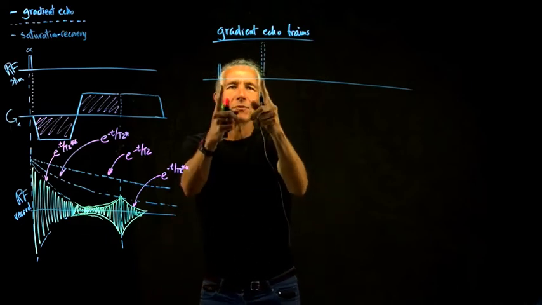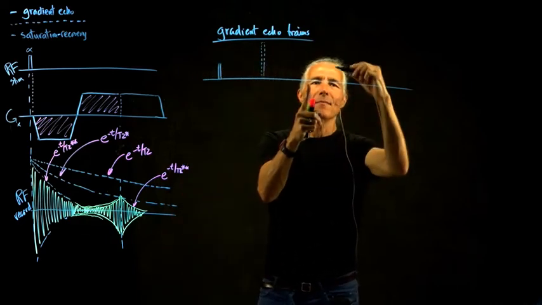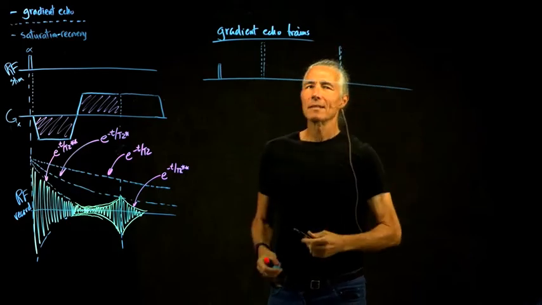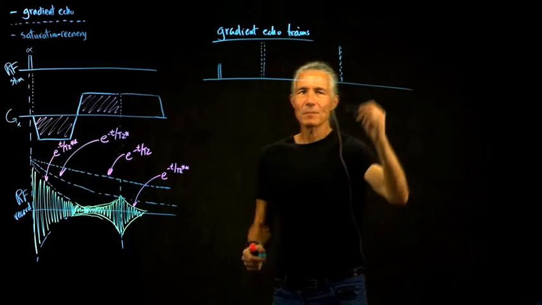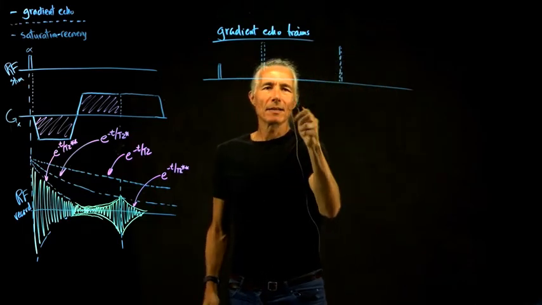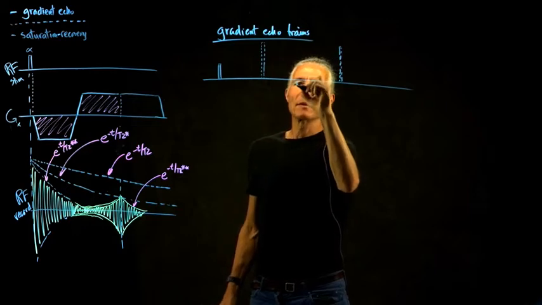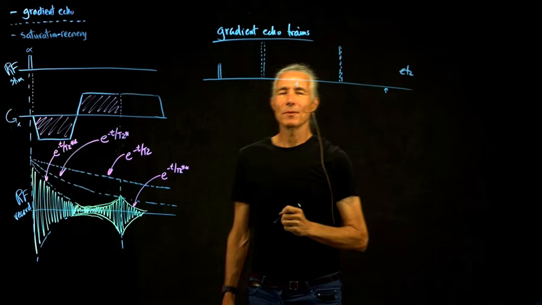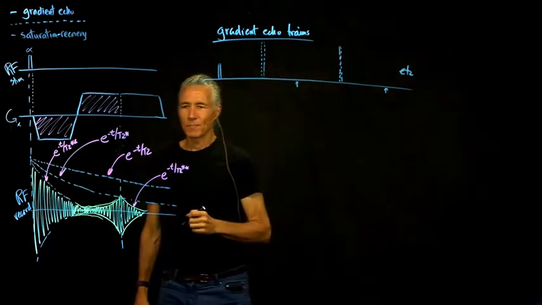Then you wait twice that amount of time, and then you do another RF pulse. So that's spin echo trains. And what happens is you get an echo at this point, and then you get an echo at that point, and you can keep doing that and get multiple echoes.